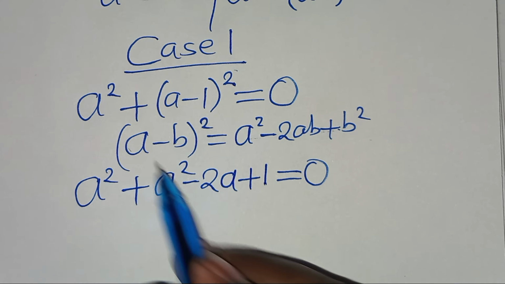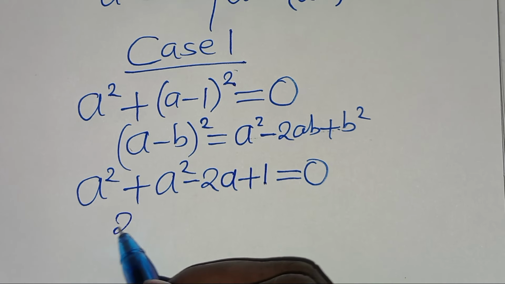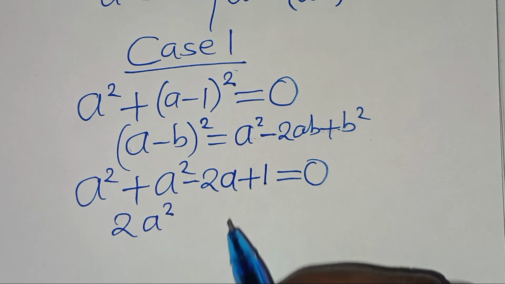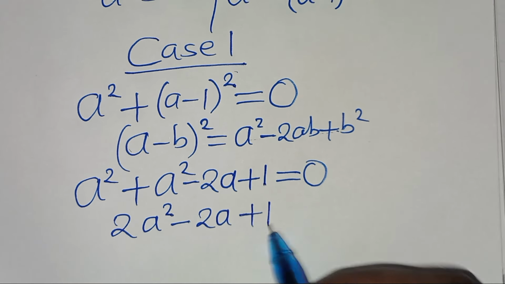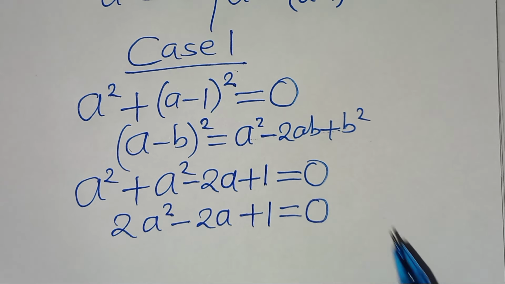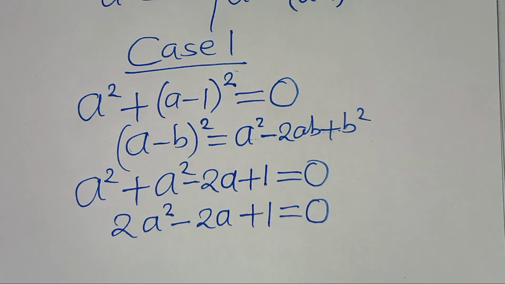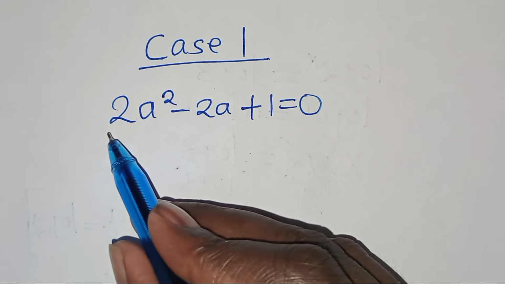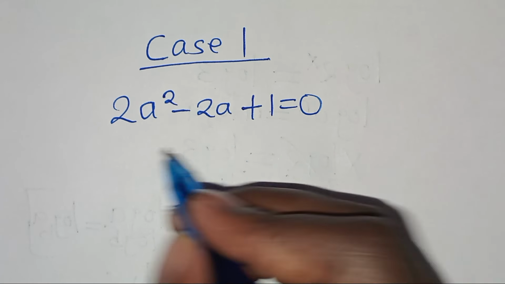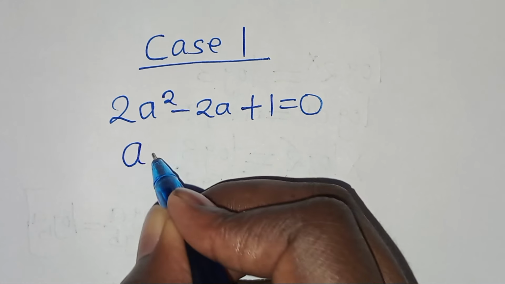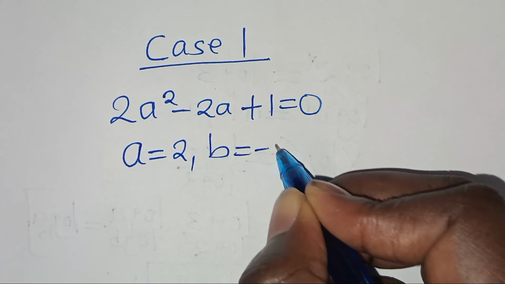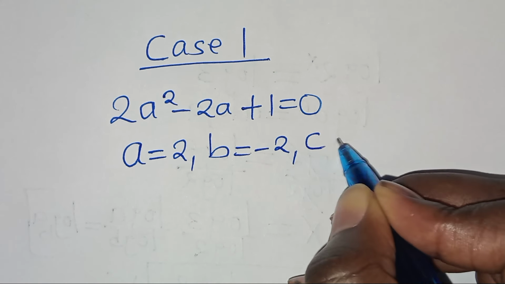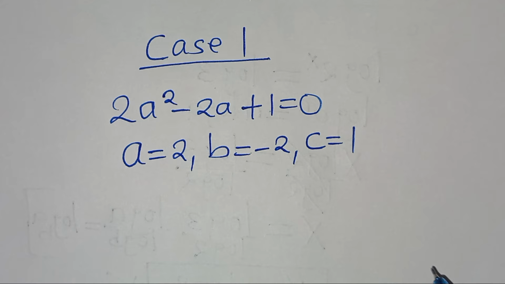So we have a squared plus a squared, this is 2a squared subtract 2a plus 1. This is equal to 0. So this is a quadratic equation here, where we have that a is equal to 2, b is equal to minus 2, and c is equal to 1.